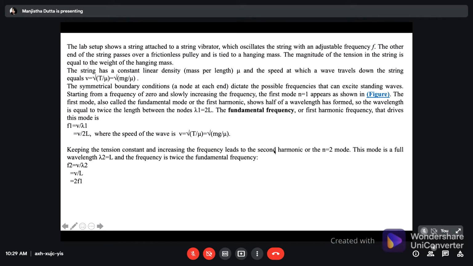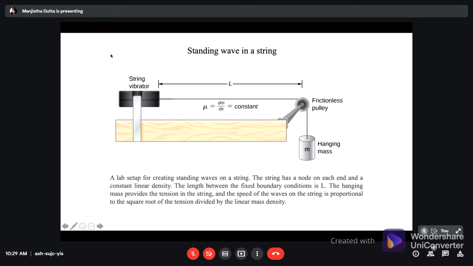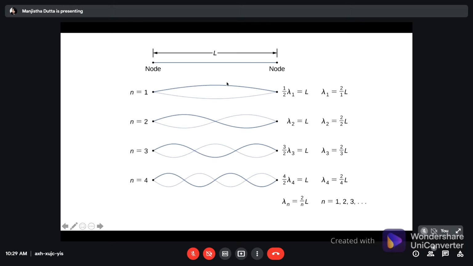Now about the fundamental frequency. Yes, this is a better view over here, a better representation. So this string we are considering, this length between these 2 fixed points, we have taken the length as capital L. You can see how the waves will have some modes.